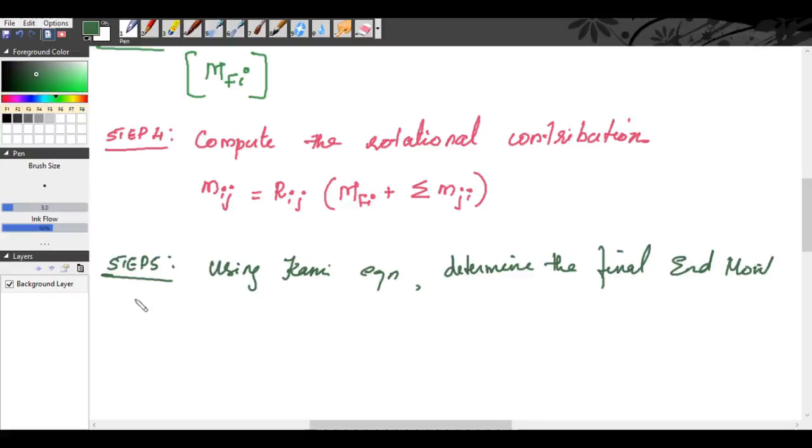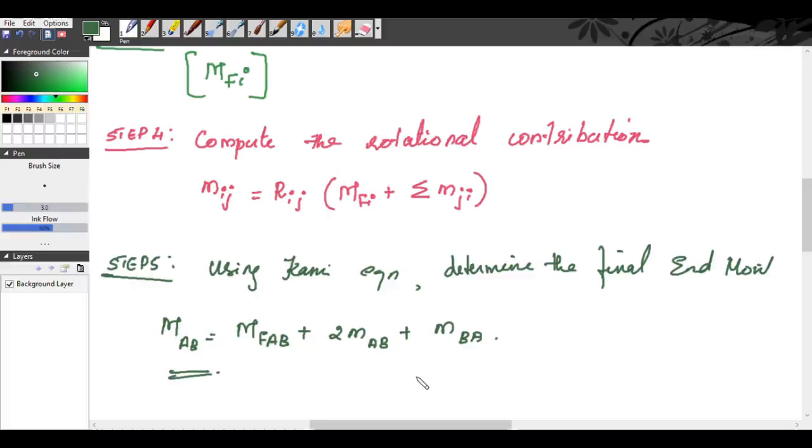So what is Kani's equation? MAB will be equal to MFAB plus 2M'AB plus M'BA. So this is Kani's equation. Using this equation, we can calculate the final end moments. That is our step 5.